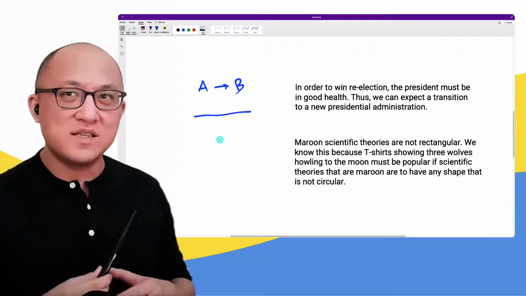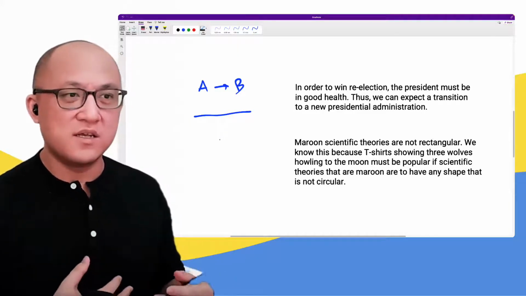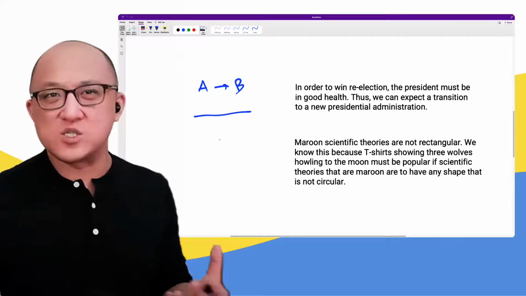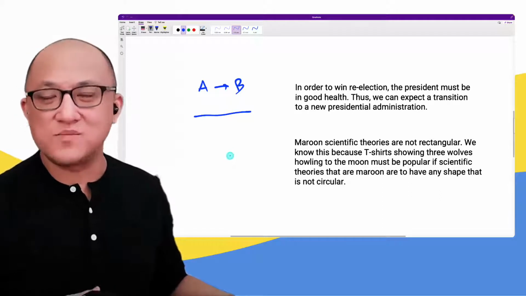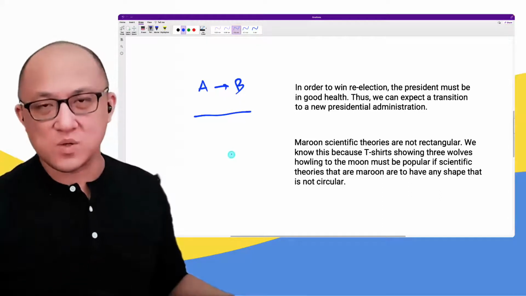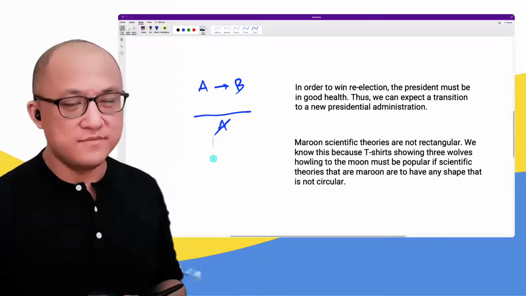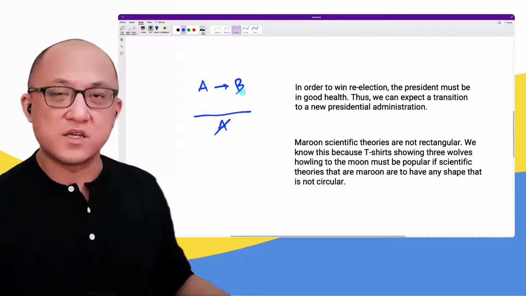So I guess the idea is if you don't win re-election, then you're going to have a new presidential administration. And that I think is supposed to be an okay jump. It's not really a difference in concepts. It's really the same concept described in different ways. So that's why I would say not A. But the missing assumption is that the president is not in good health.